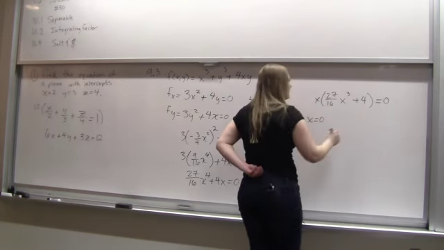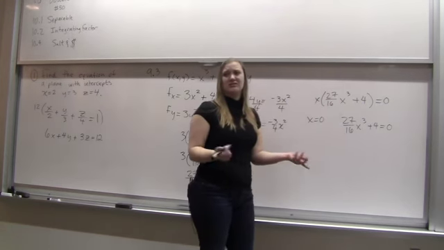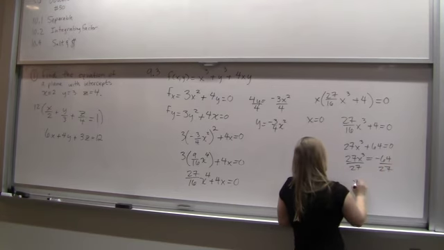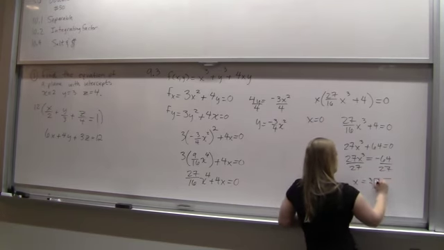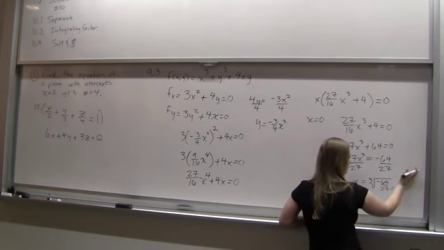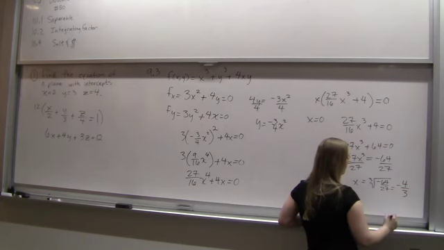And then if I set this equal to 0, I'm going to multiply everything by 16 because I'm not really great with fractions. Subtract the 64 to the other side. Divide by 27. X is equal to the cubic root of negative 64 over 27, which is equal to negative 4/3.